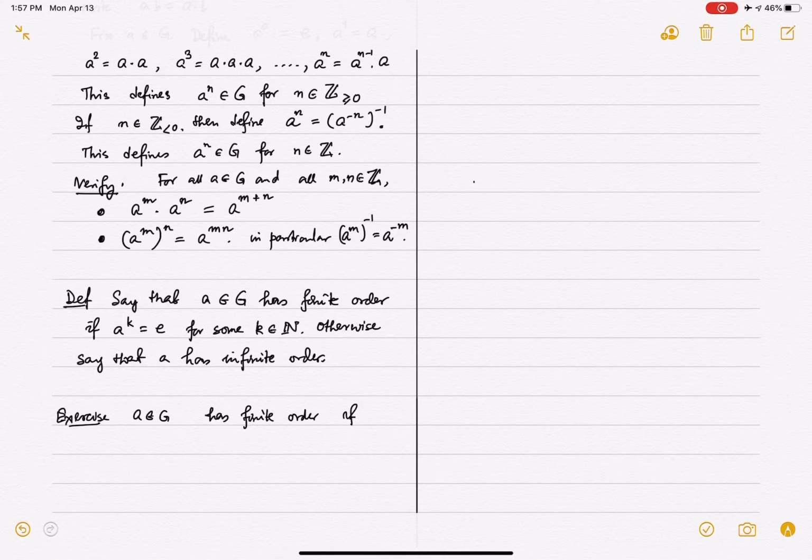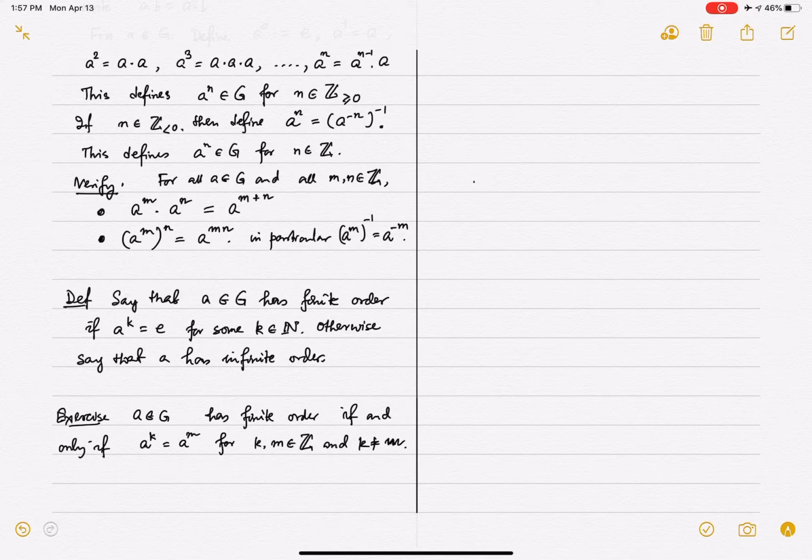That is, a has finite order if and only if some a to the k is equal to some other a to the m for two integers k and m that are different.